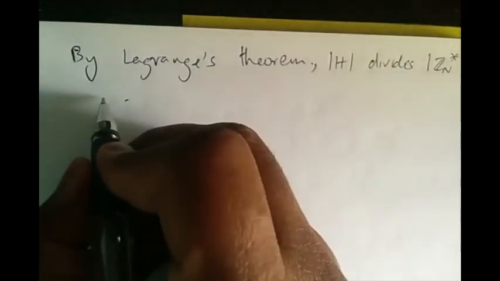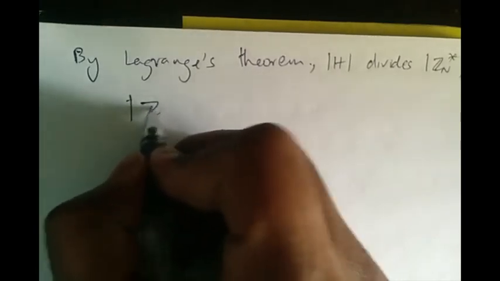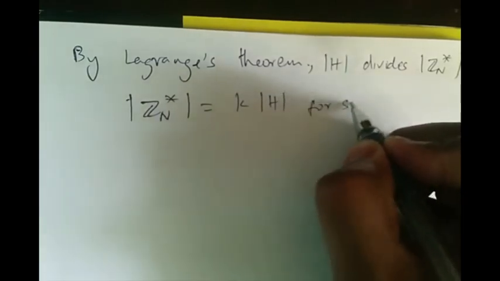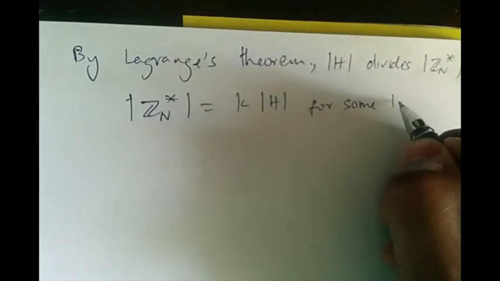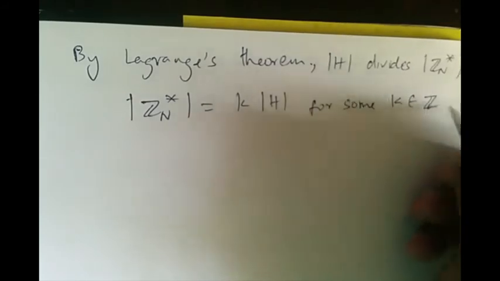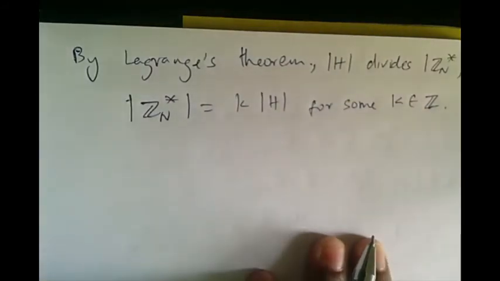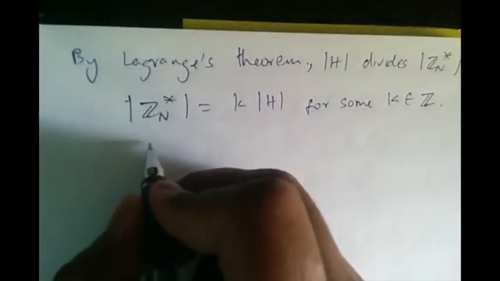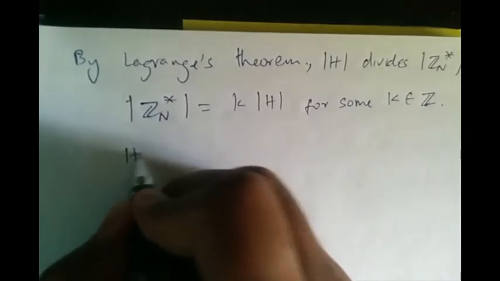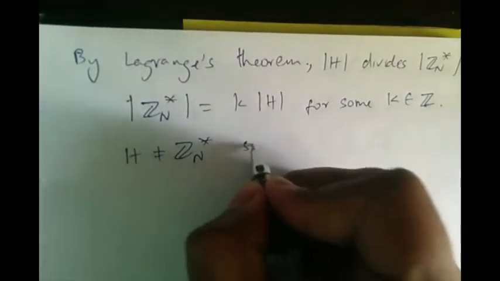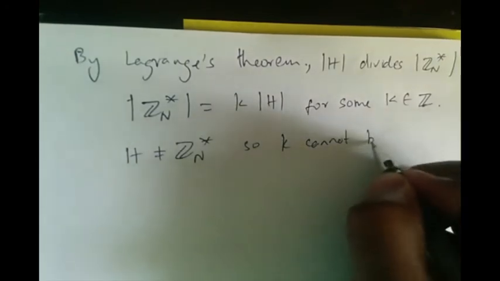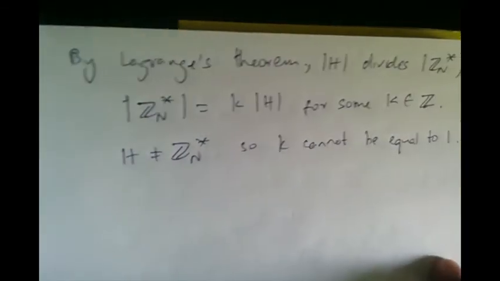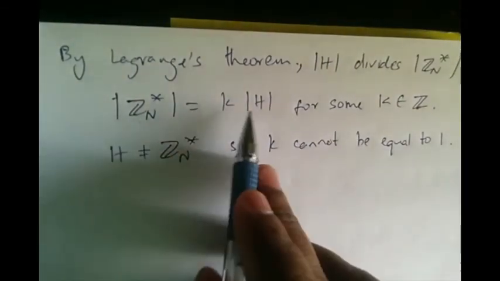So that means that there is an integer k such that the order of Zn star is k times the order of H, for some k in Z. And what we know is that H is not equal to Zn star. So k cannot be equal to 1, because if k is 1, then Zn star will be equal to H.